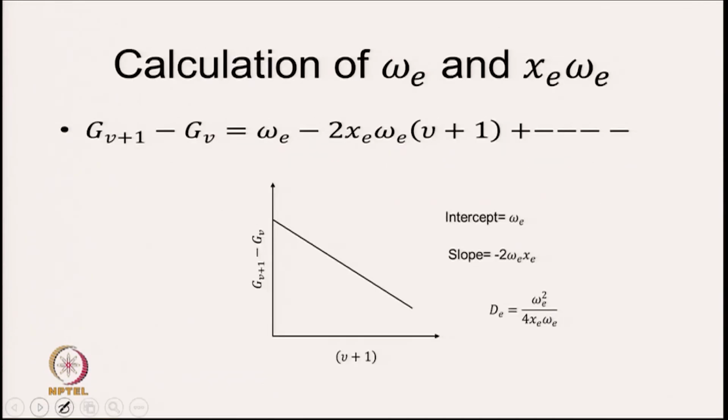One way to calculate omega_e and x_e omega_e is this: G(V plus 1) is the energy of the V plus 1 level in wave number unit, and G(V) is the energy of the V level in wave number unit.